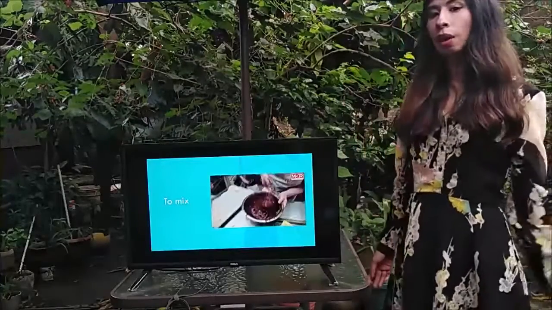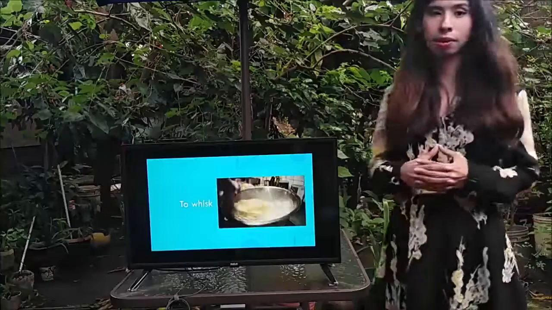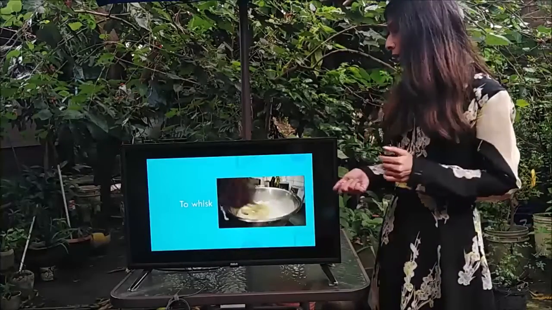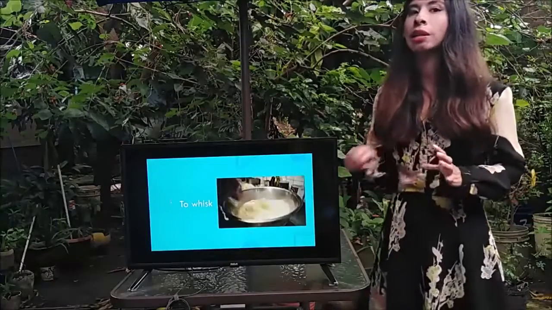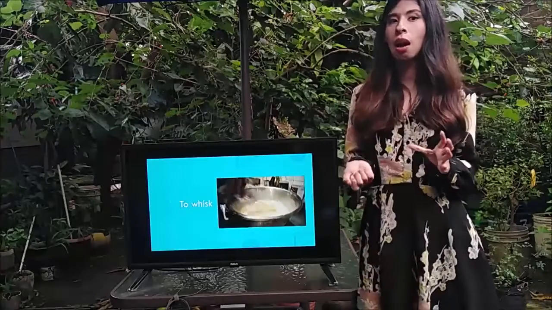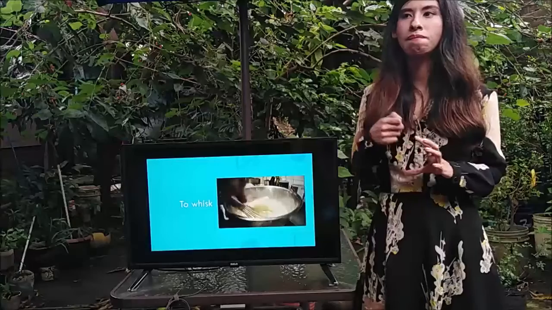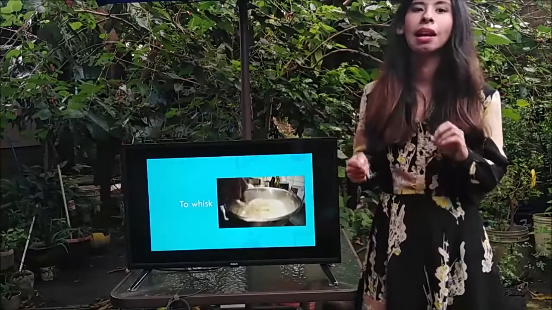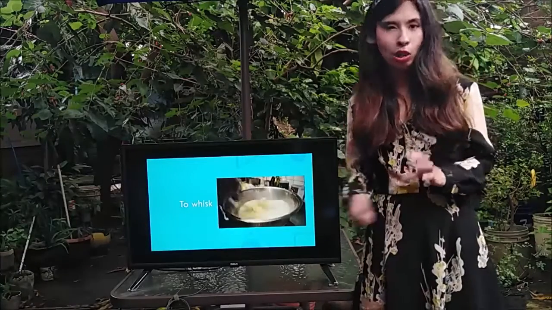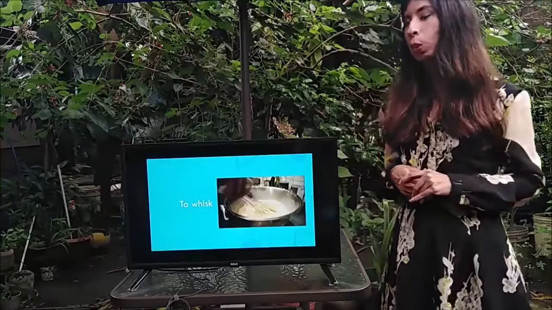Then something else that we have is to whisk. To whisk is actually aerating our preparation, and usually to whisk is whenever we are mixing a liquid and a solid element. So that is to whisk.